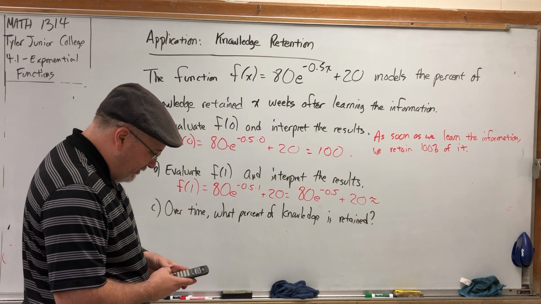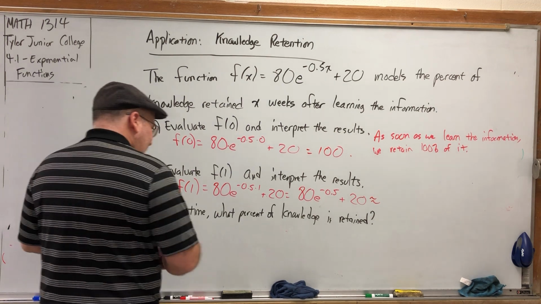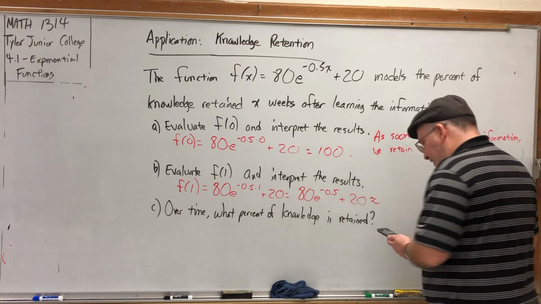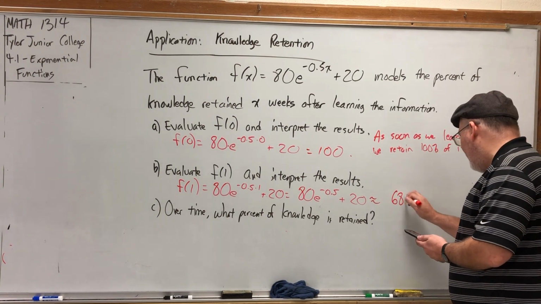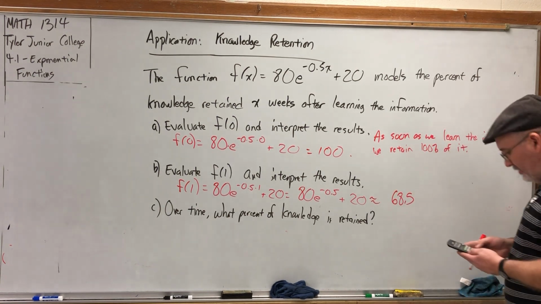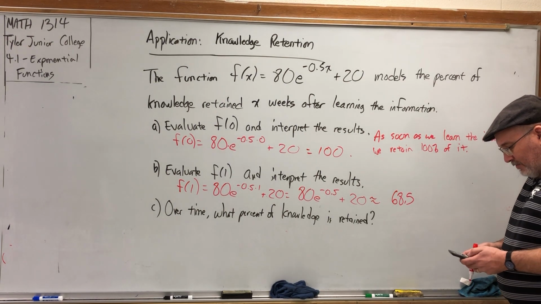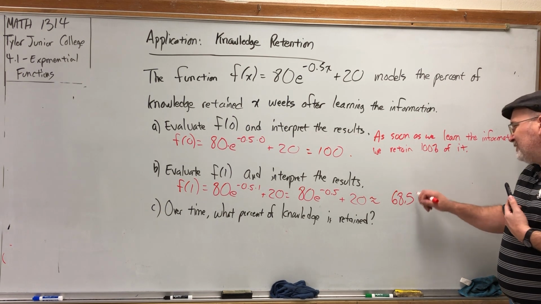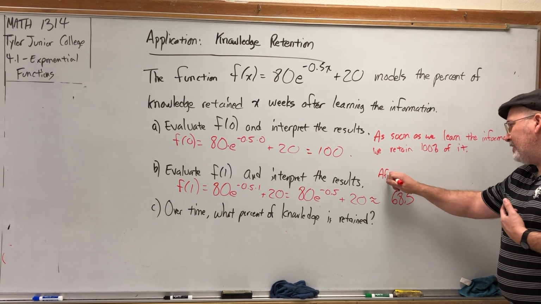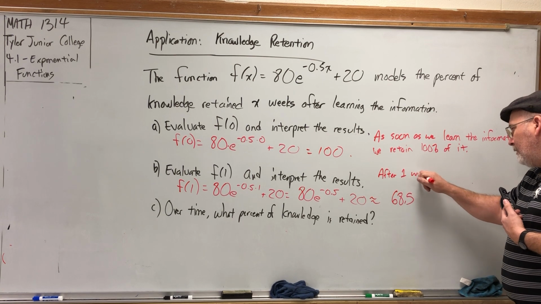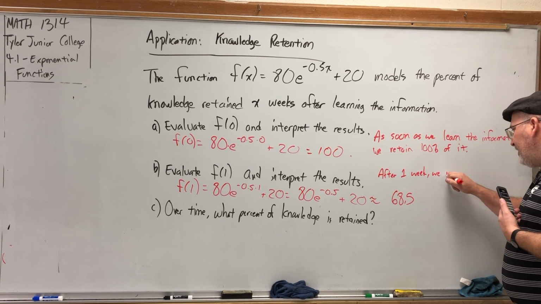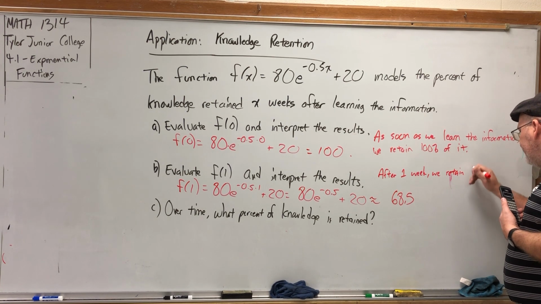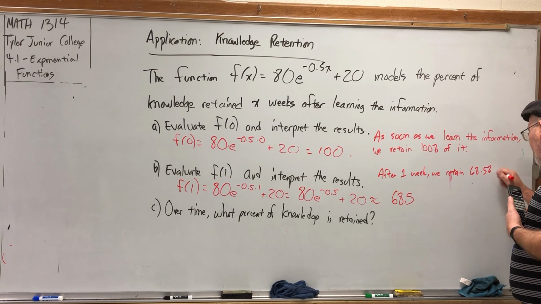All right, I invite you to try to put this in your calculator to see if we get the same answer. I'm going to round it to the nearest 1 decimal place, so 68.5%. But let me reevaluate it just to make sure I didn't make a mistake. Got the same answer. All right, so what this means, if we interpret it, is after 1 week, we retain 68.5% of the information.